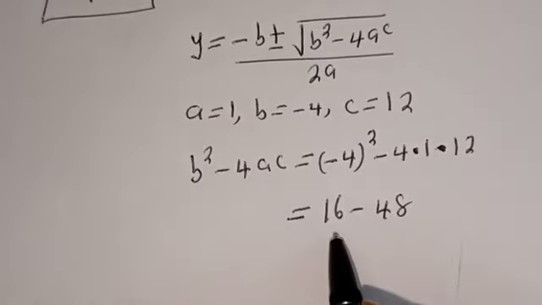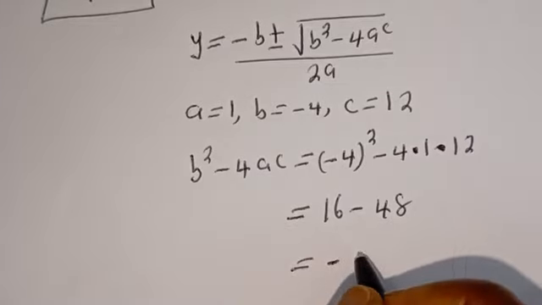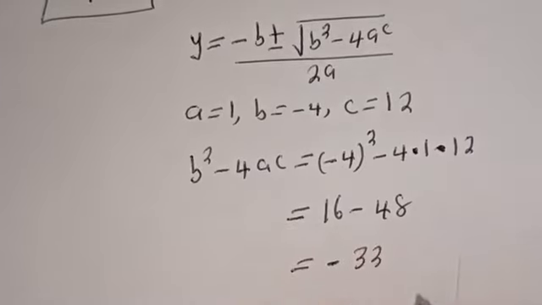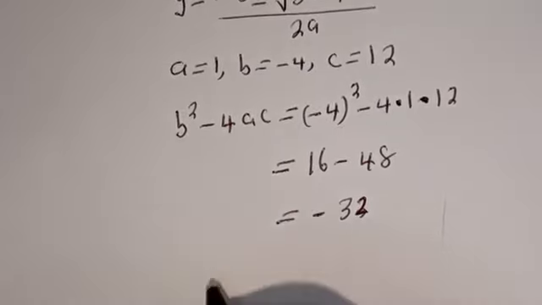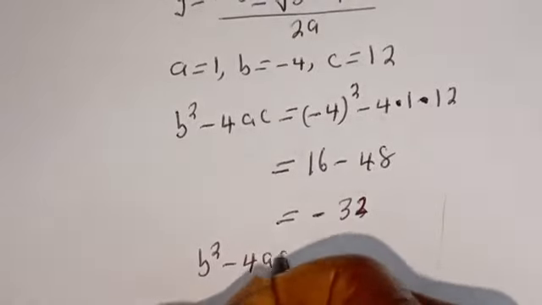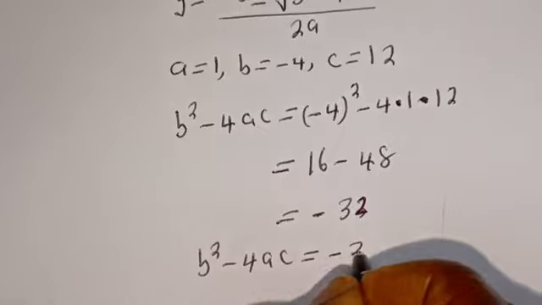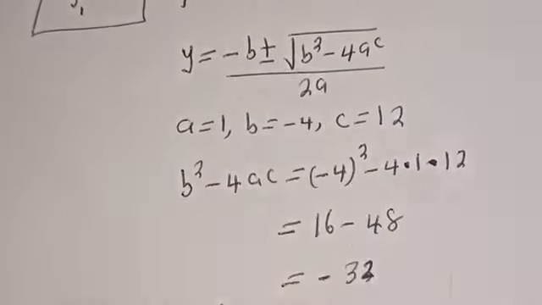Then if you subtract 48 from 16, this is equal to minus 32. Therefore, b square minus 4ac is equal to minus 32. Now let's plug this into the formula.